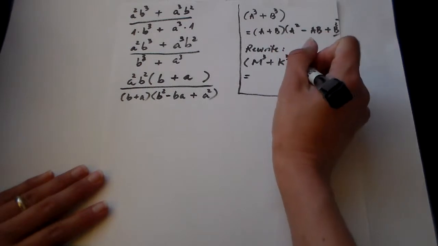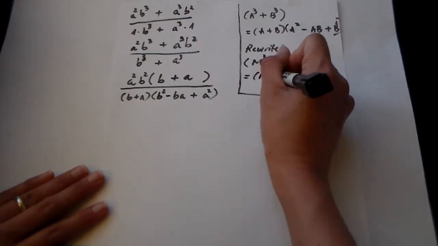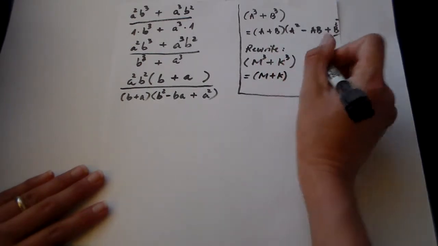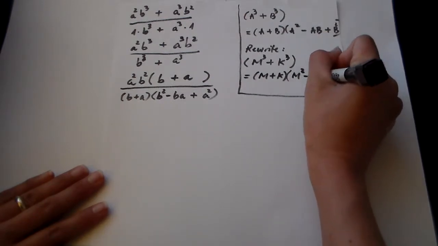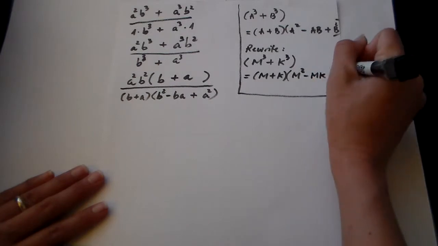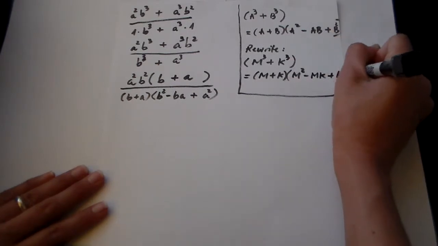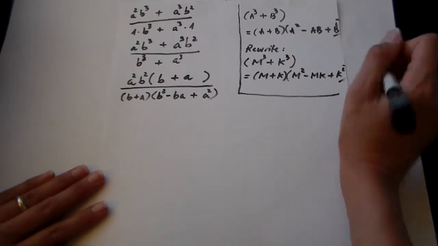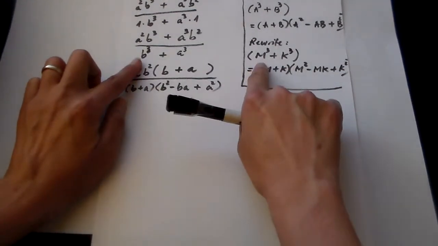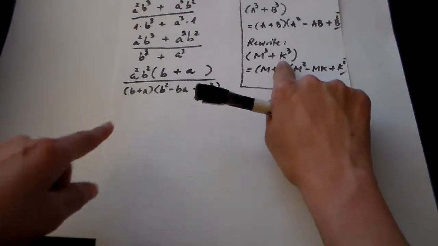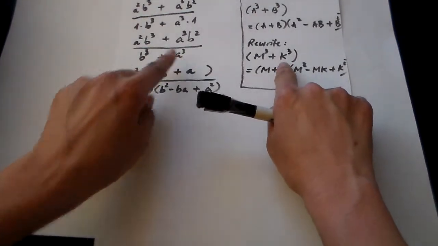So m cubed plus k cubed factors as m plus k times m squared minus mk plus k squared. So m is the small b right here, and k is the small a right here.